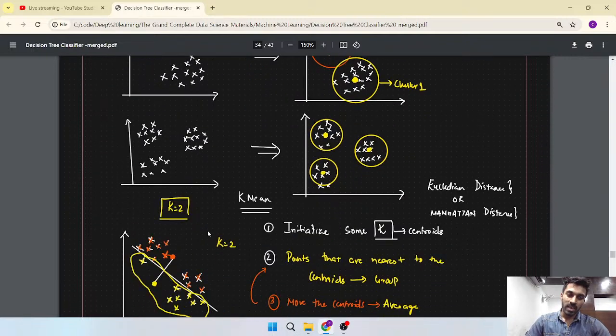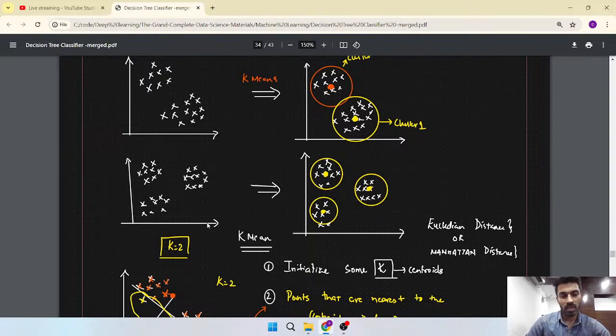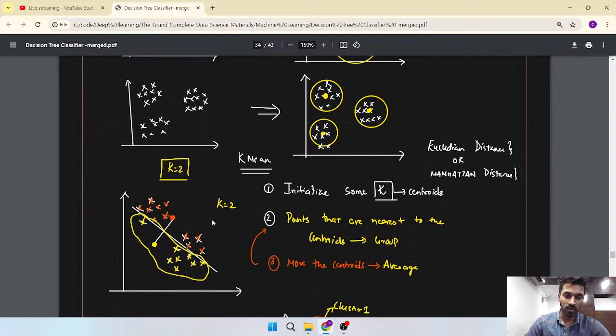K is a hyperparameter, not a predefined value. You have to change it at the time of training, trying different K values. To find this K value there is the elbow method, which I will explain after some time.